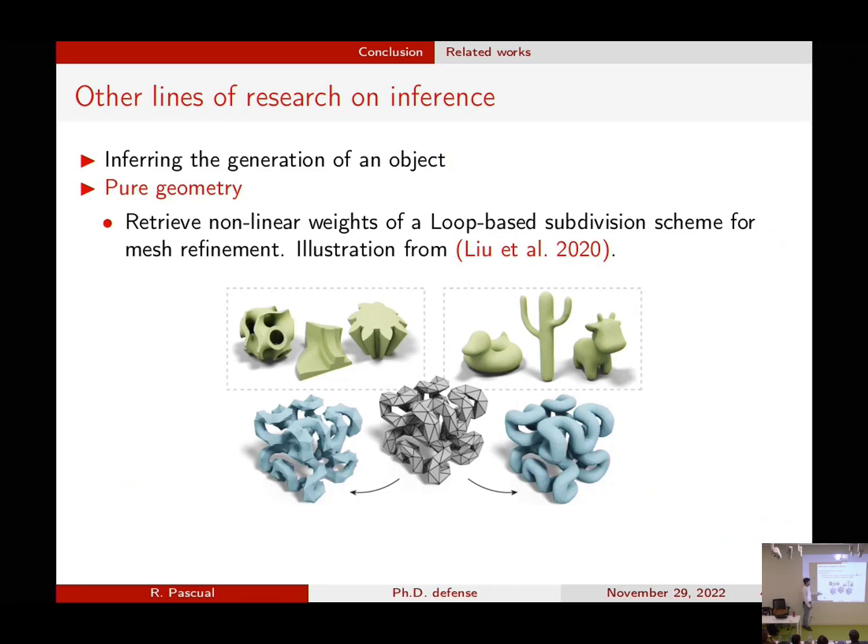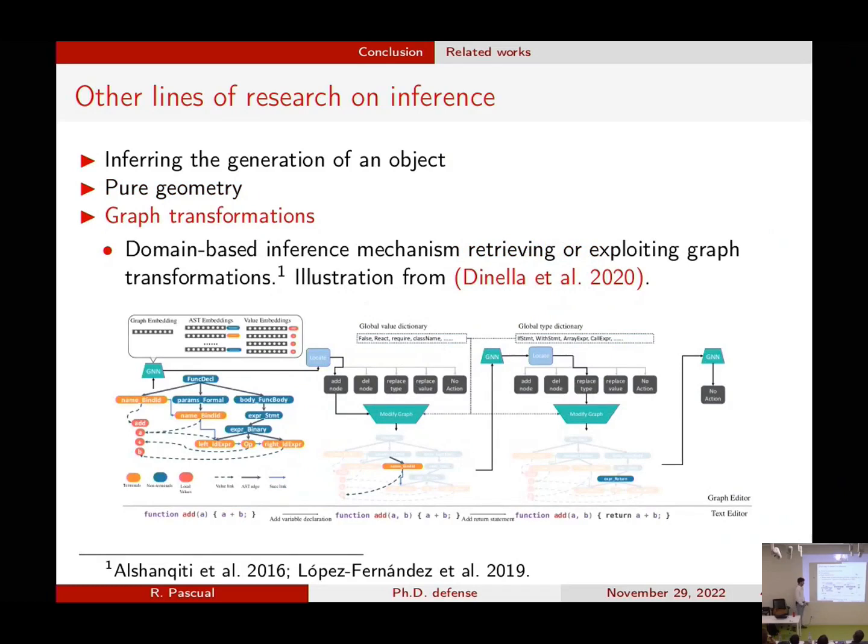The interesting part of their work was to obtain the correct weights given different inputs. And I believe that inference has also been studied in the fields of graph transformations, but it's mostly domain dependent. And in a sense, my work is also domain dependent.